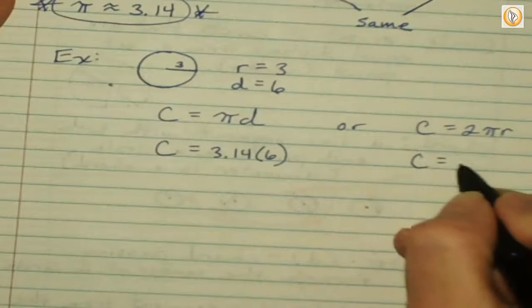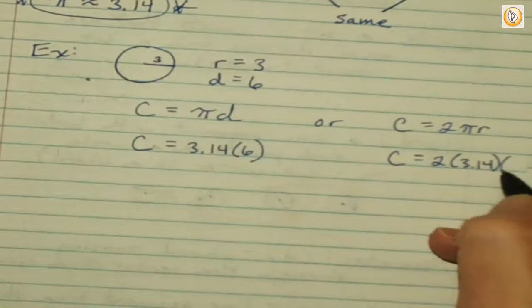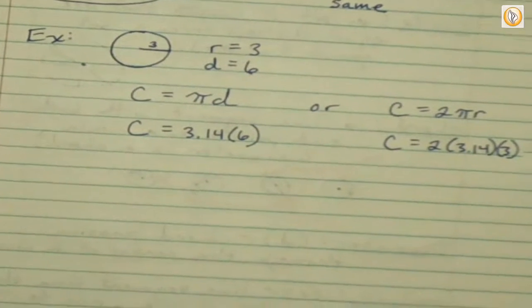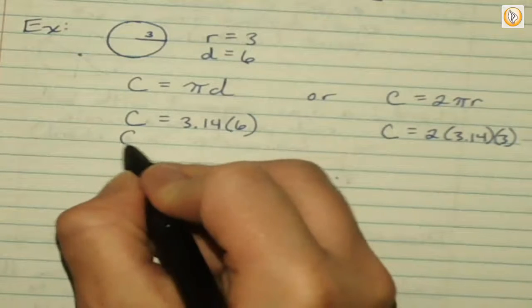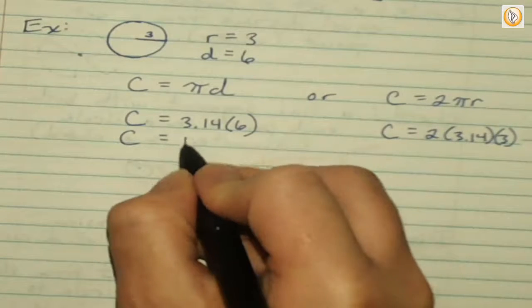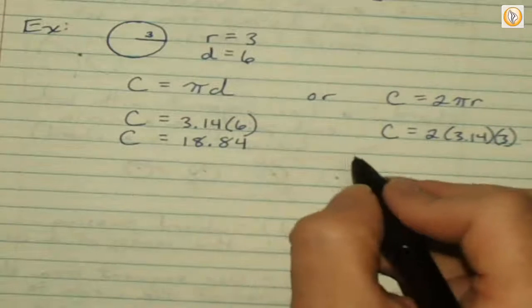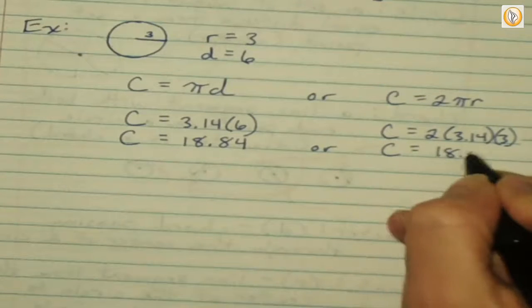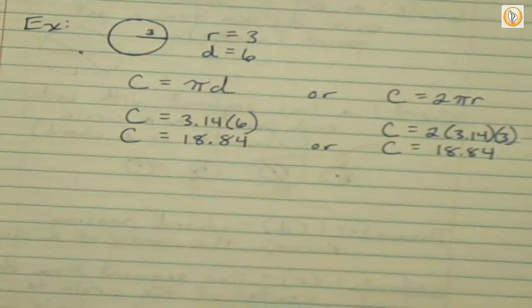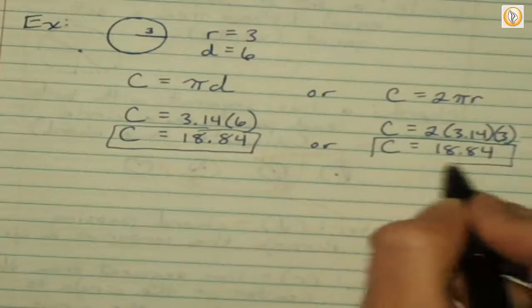And here I have C equals 2 times 3.14 times 3. We use calculator. Yep. So in this case, I'm going to be nice and just, for the sake of time, give you the answers. 18.84. That's right. There you go. There's your answer.